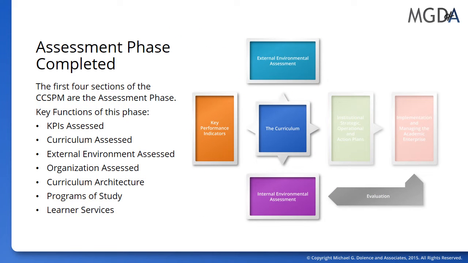These first four elements, the curriculum, KPIs, external environmental assessment, and internal organizational assessment and development, frame the assessment phase of the CCSPM.